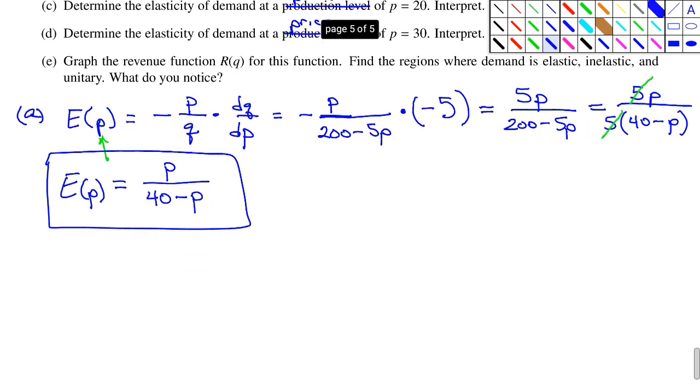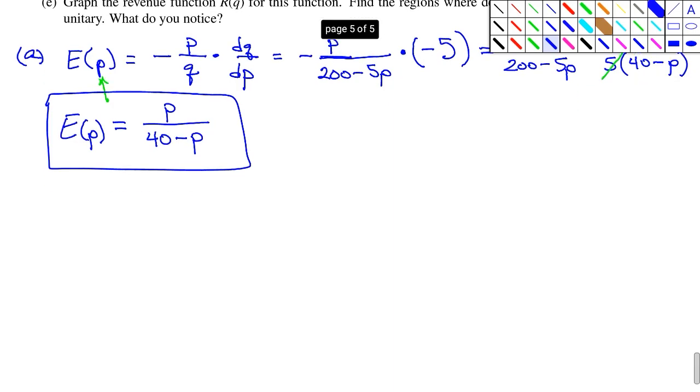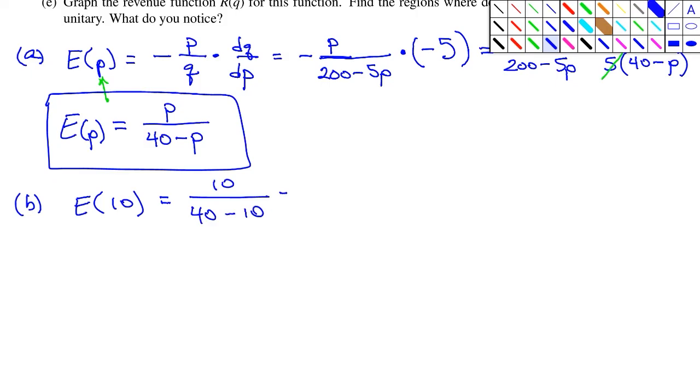Now let's go ahead and plug in 10, 20, and 30 for each of these, and we'll do the interpretation at the end. So E of 10 would be 10 over 40 minus 10, which is 0.33. It's a third, basically. And then E of 20 is 20 over 40 minus 20.